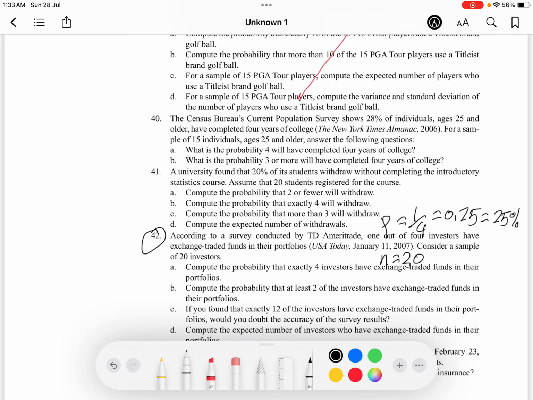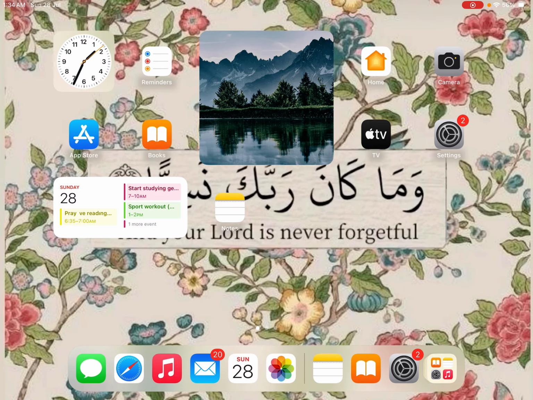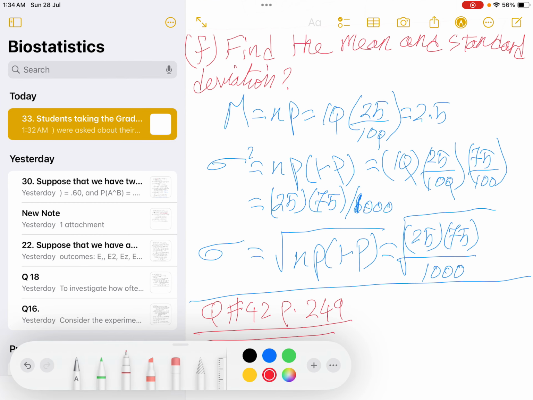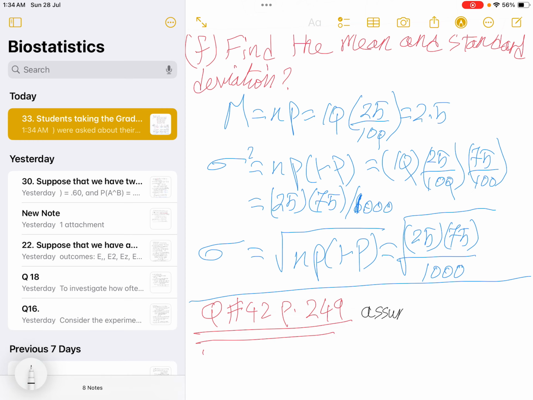Now, before we begin to solve, we must write 2 to 3 lines as an introduction. Here, assume X is the number of investors who have exchanged traded funds in their profile.